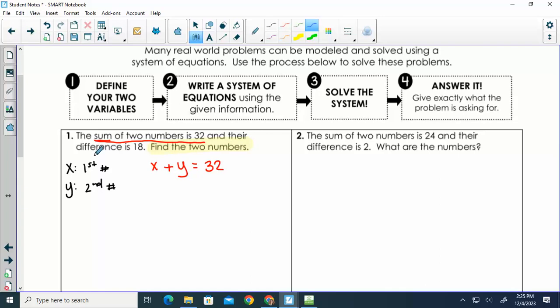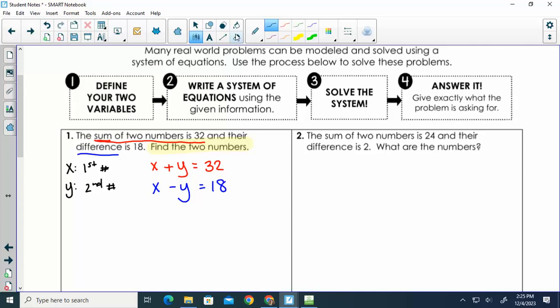Okay, the next one. Their difference. What's difference? So that means x minus y equals 18. All right, there's your second point. We've written our equations. Is everybody with me there?